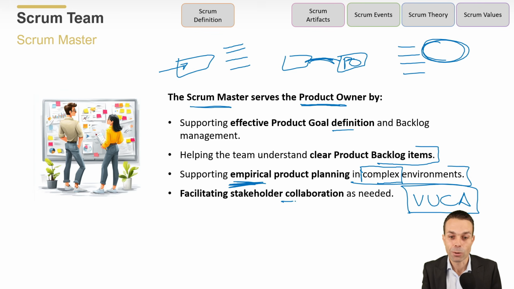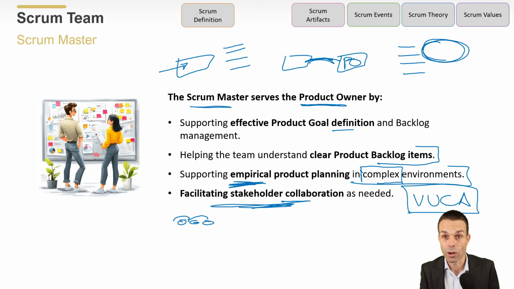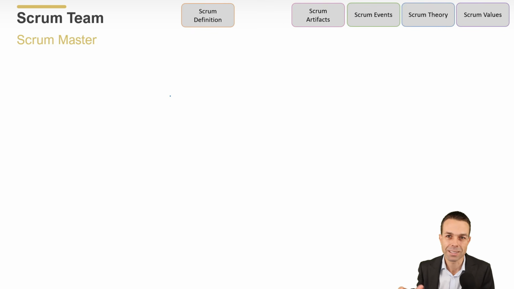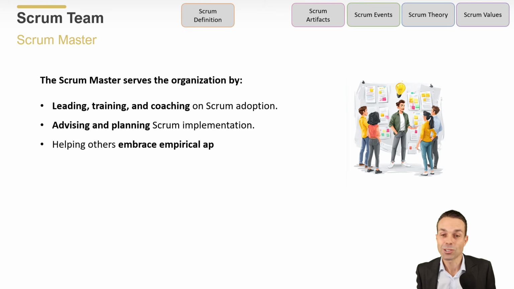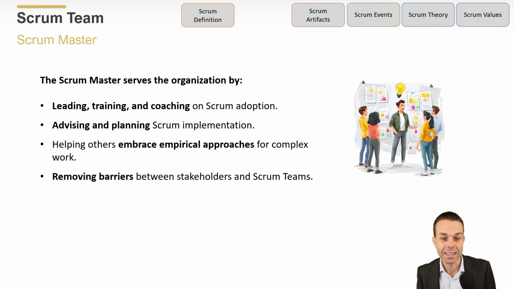Facilitating stakeholder collaboration. Now, again, if we need people from outside the team, maybe it's just a one-off, or maybe we need them ongoing, the Scrum Master will need to help facilitate, help those teams and people come together to gather that information. The Scrum Master serves the organization by leading, training, and coaching the team on Scrum adoption, advising and planning Scrum implementation.